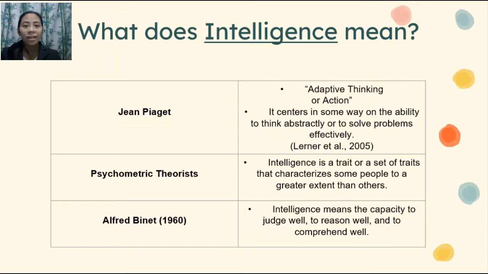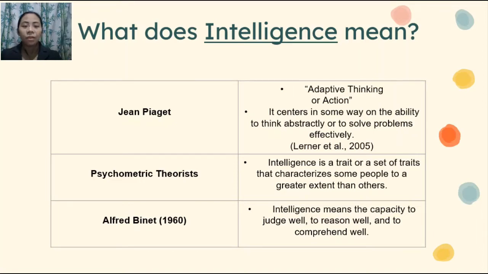So, he highlighted that it centers in some way on the ability to think abstractly or to solve problems effectively. Or we call this abstract reasoning or abstract thinking, that involves the ability to understand and think with complex concepts. This type of reasoning also involves thinking about ideas and principles that are often symbolic or hypothetical. That's from Lerner et al.